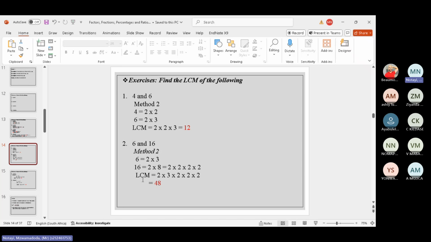So the LCM will be 2 times 3. And then we see that one of the 2's in the second number, that is 16, has already been written. So we will take only 3. So we have 2 times 2 times 2. So 2 times 3 times 2 times 2 times 2 to get 48, which is similar to what we got using the other method.